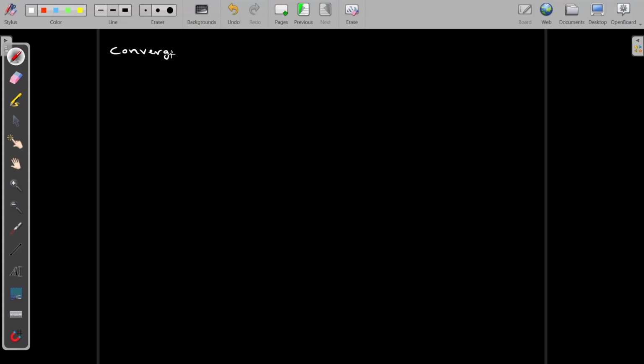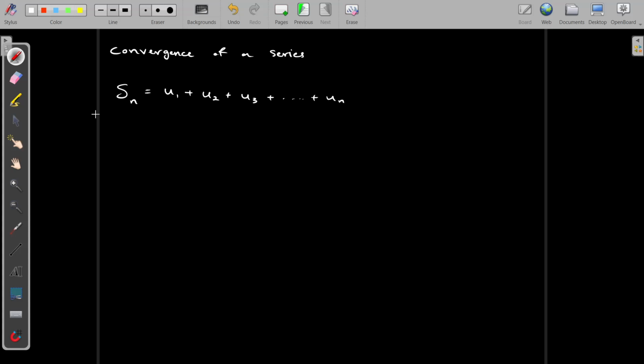So convergence of a series. Right, so we know that a series is basically the sum of sequences. Sometimes it's represented as this Sn. It's basically saying the sum of sequences. So we have u1 plus all the way up to un.